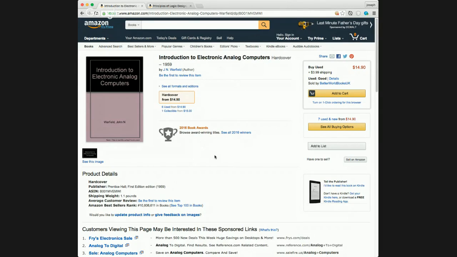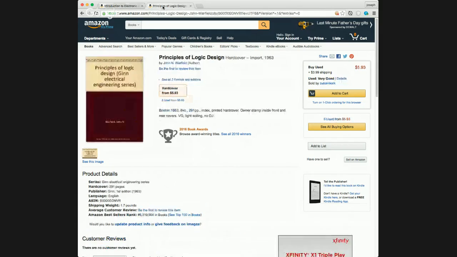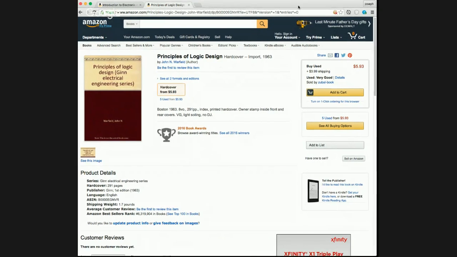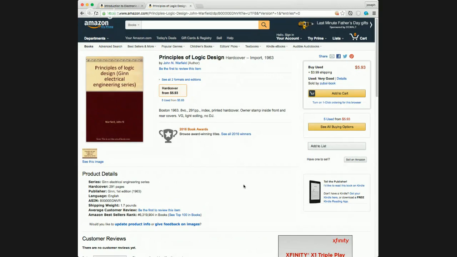There's a lot of interesting things in this particular book. 1959. Then in 1963, 4 years later, he wrote Principles of Logic Design. And this goes into binary logic and how you create logic circuits within analog and digital computers.